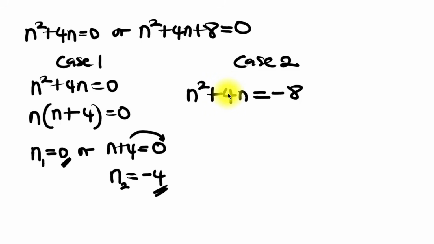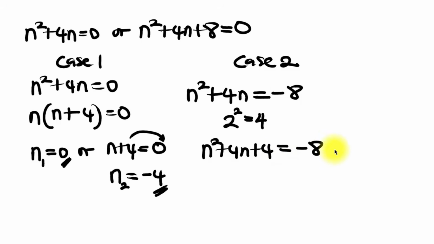I'll take the half of it. Half of 4 is 2. And I'm going to square this. So 2 squared is 4. So I'll add this 4 to both sides of the equation. So I have n squared plus 4n, add this 4 to the left, equal to, I have negative 8 on the right. I'm also going to be adding the 4 on the right.